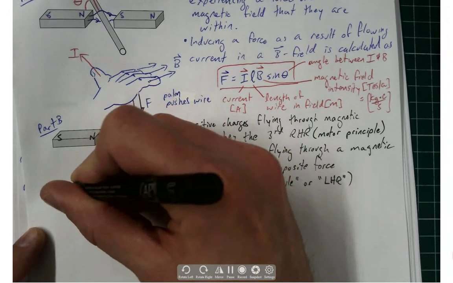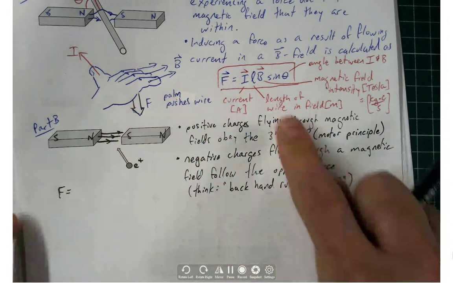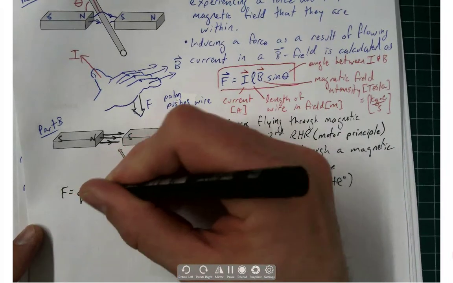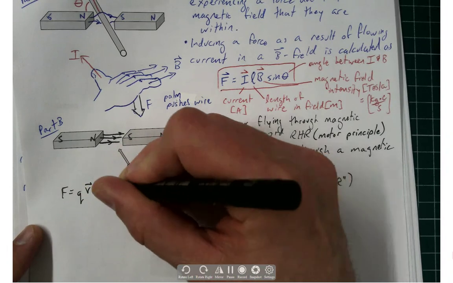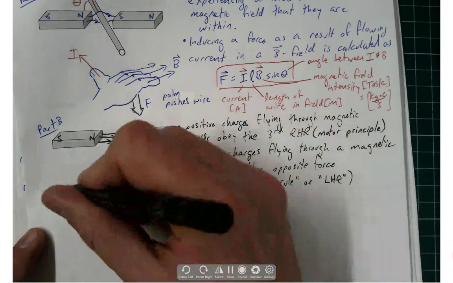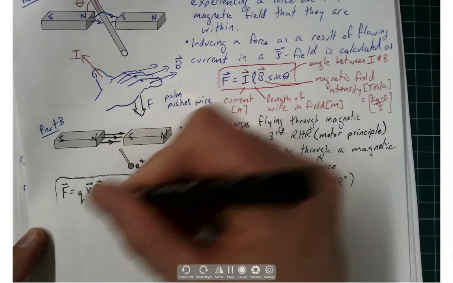Anyway, the equation that we end up getting for this one reminds me a little bit of the previous one, in that there's a force, but it's F = QVB times the sine theta. Now again, it's sine theta, so we recognize that it's a cross product, but at the same time, there's no length of wire.